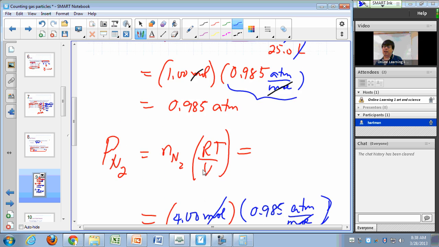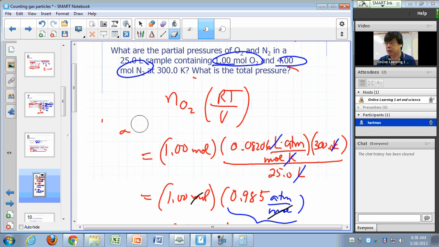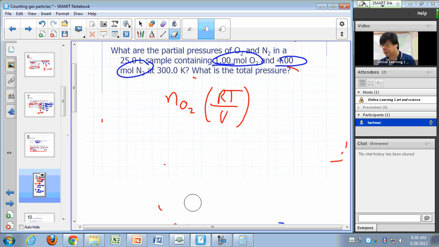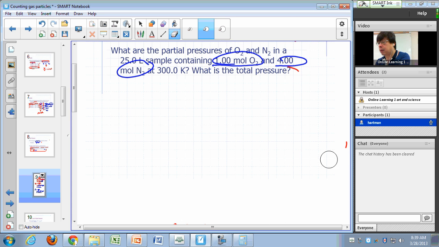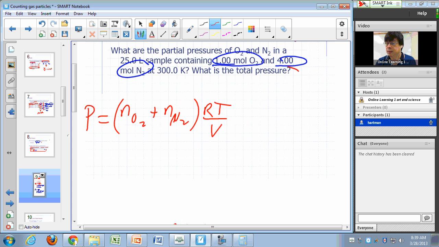In fact, mathematically, you can show that that is the case. Here's a way you can do that. You can say your total pressure is equal to moles O2 plus moles N2, times RT over V. This is the total moles right here, that's your total n.